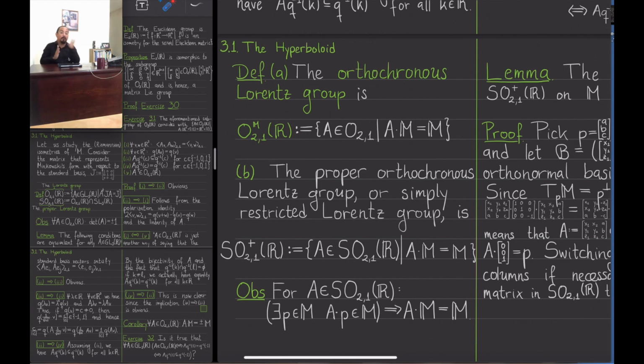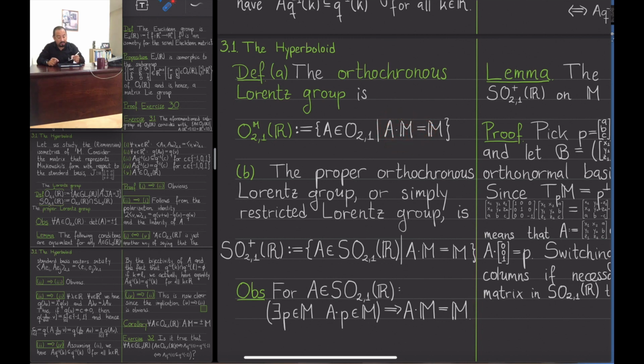It obviously preserves the upper sheet, and one checks easily that it also preserves Minkowski's form, but it has determinant -1, right? That's the source of the confusion: some elements here can have determinant -1, and the plus that was here refers not to the determinant, but to the fact that it sends M to plus M.